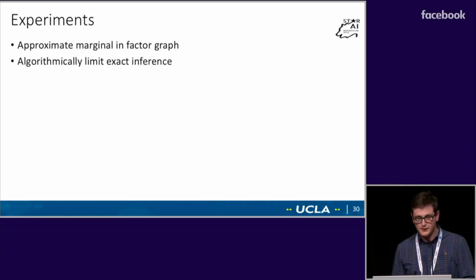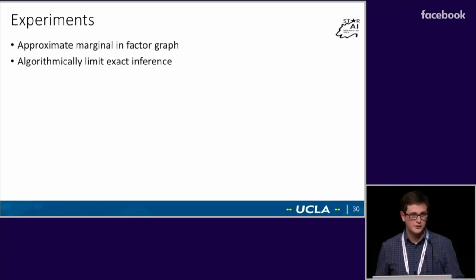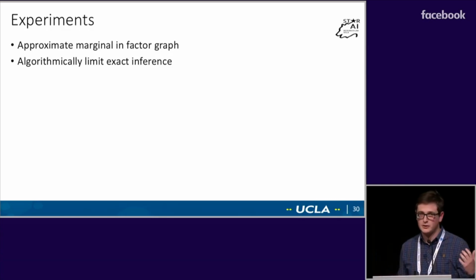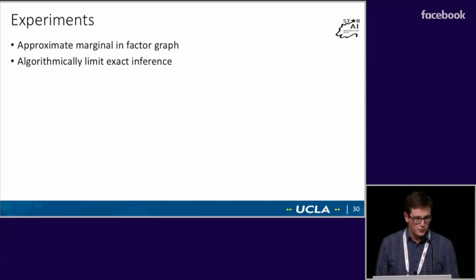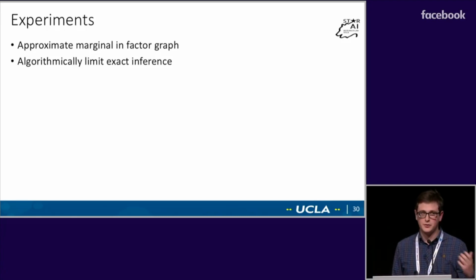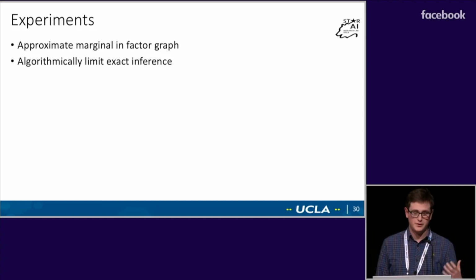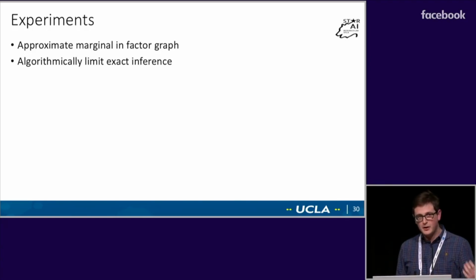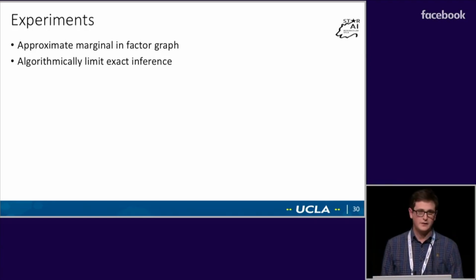To validate this empirically, we study exactly the problem that we've been talking about, which is how you compute a marginal in a factor graph. We're going to compare to a couple of other methods which use this combination of exact and approximate inference, but in different ways. To do this comparison, we limit at an algorithmic level how much exact inference we're doing, so that we can have a better comparison of how they're using it.